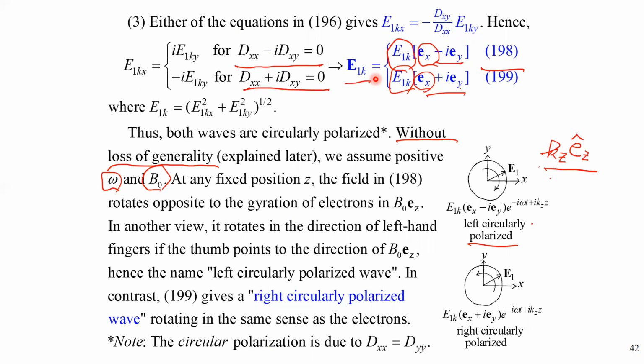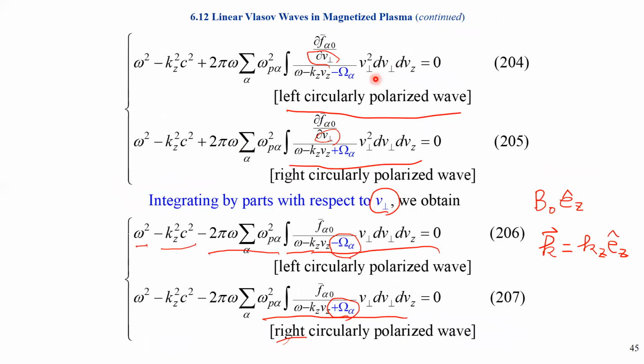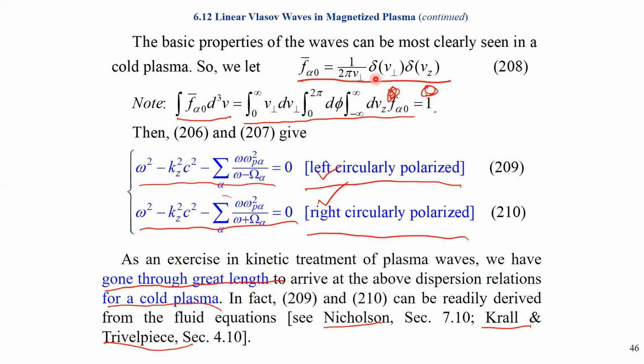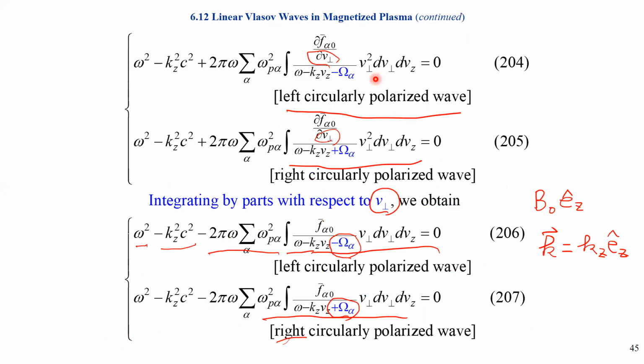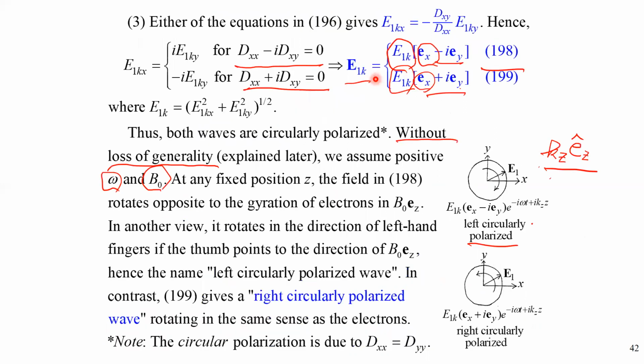It could be right-hand circularly polarized or left-hand circularly polarized. Okay, and from these equations, we can further consider the simplest case. The simplest case here, just electrons only. Okay, if we consider both electrons and ions, what will happen?